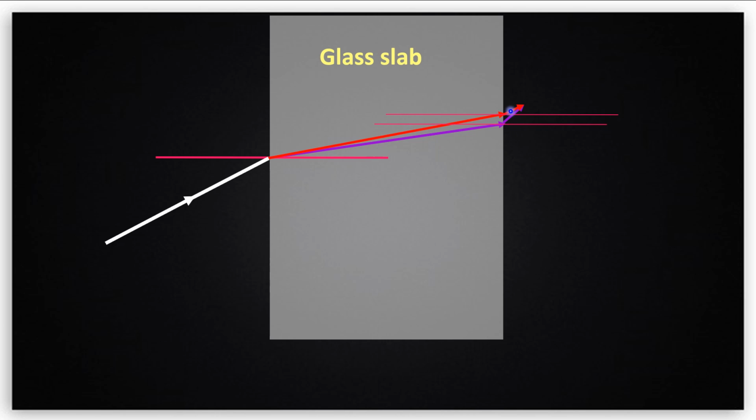Okay, again, these two colors combine. Not only two colors, all the colors will combine to form white light only. So that is the reason why a rectangular glass prism or a square glass prism does not cause the dispersion of light. Okay.